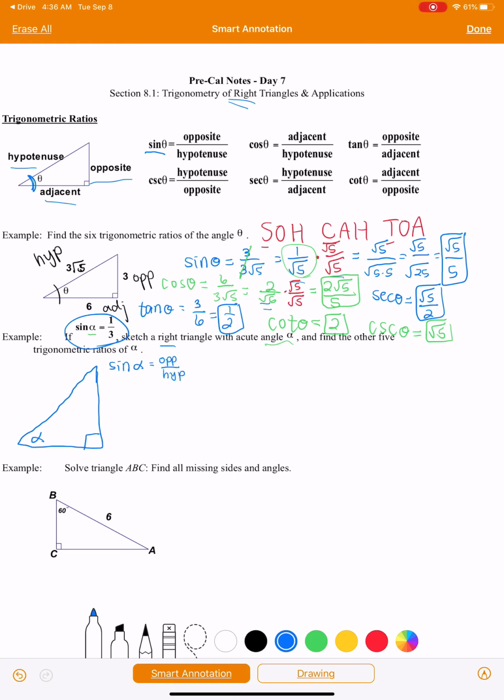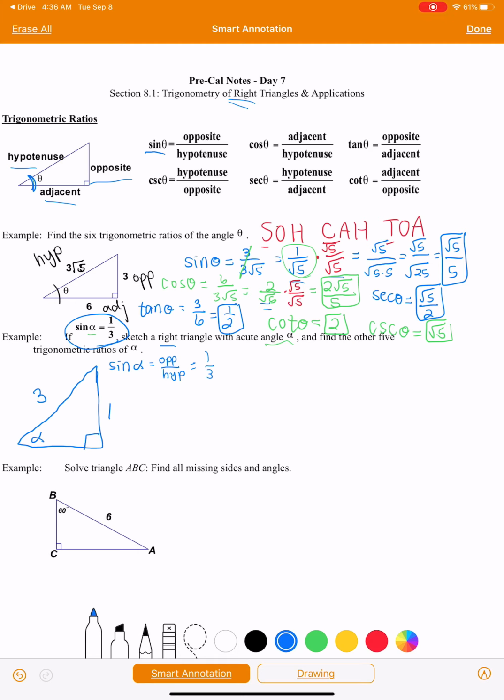Think of the SOH in SOHCAHTOA. Okay, so I'm going to label the opposite side of my angle alpha, that 1, and the hypotenuse, 3. And now I need to find my adjacent side in order to find the other 5 trig ratios.